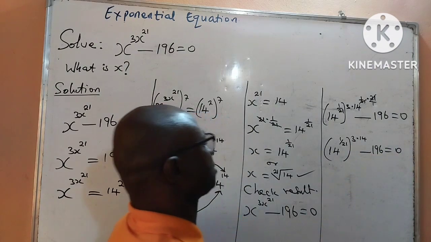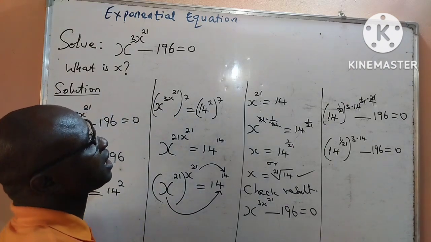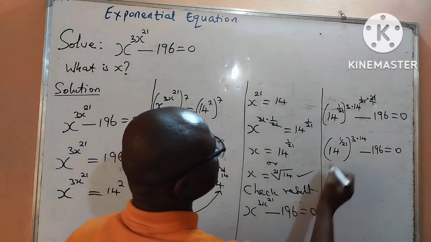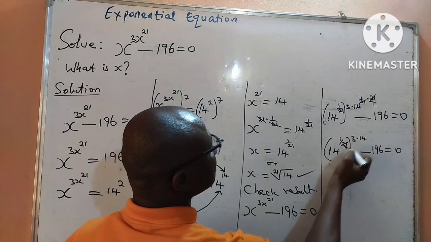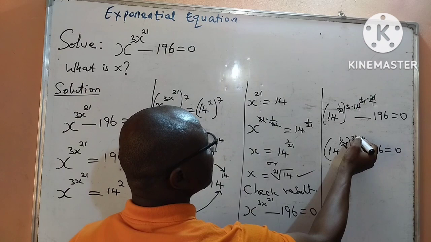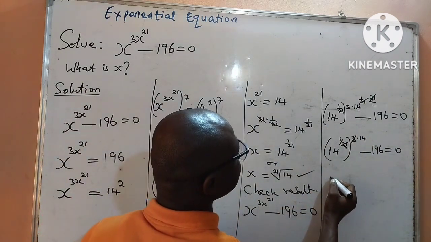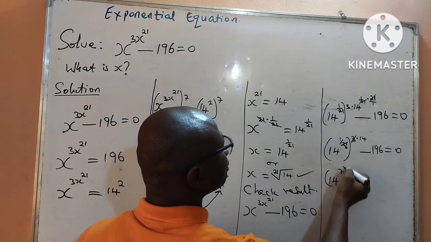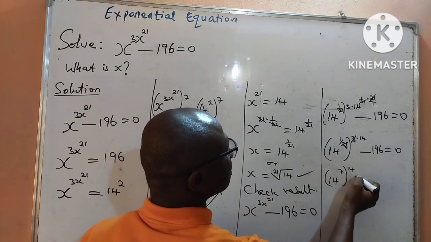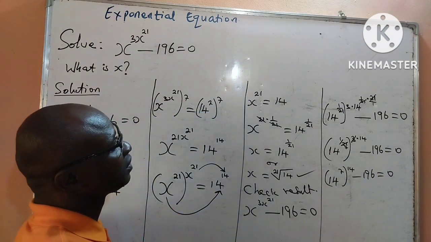Is it equal to 0? Moving forward, you'll agree with me that 21 inside the bracket divided by 3 will give me 7, and 21 divided by this 3 will give me 1. Meaning that I can now have 14 to the power 7 all to the power of 1 over 7, times 14, minus 196 is equal to 0. Very good.